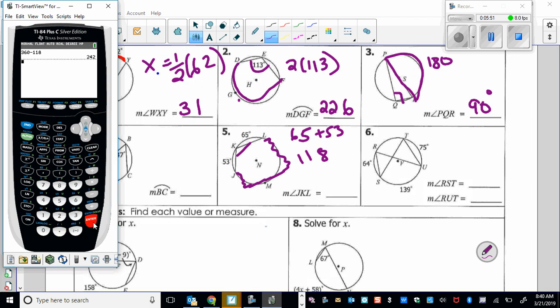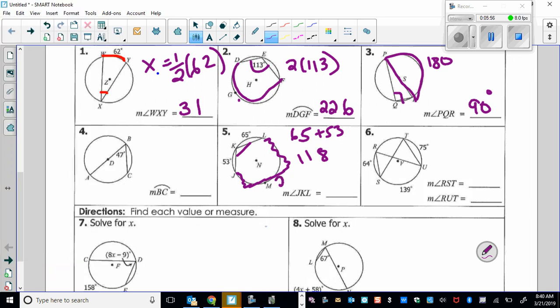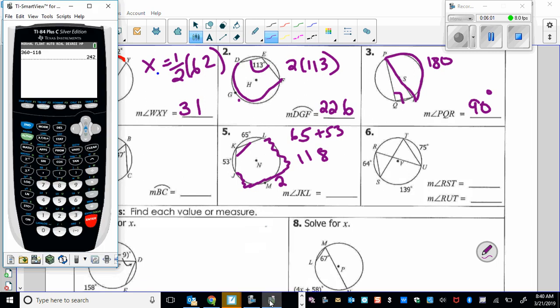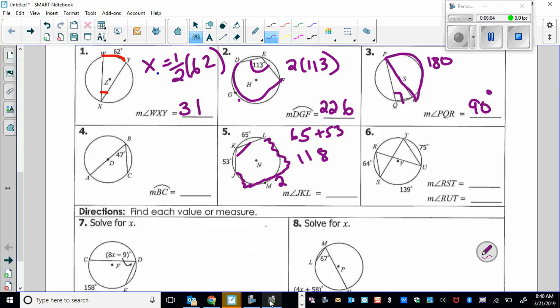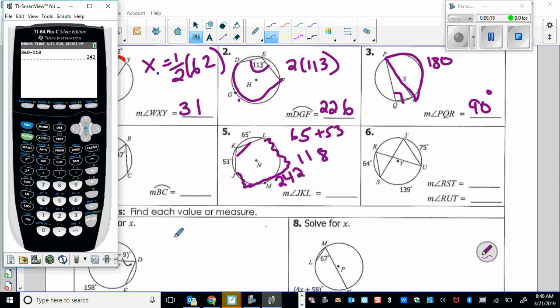That gives me 242. So this intercepted arc is 242. Now I'm looking for this angle, so I have to take half of this. Going back to our calculator, 242 divided by 2 is 121. Very good, so this would be 121.